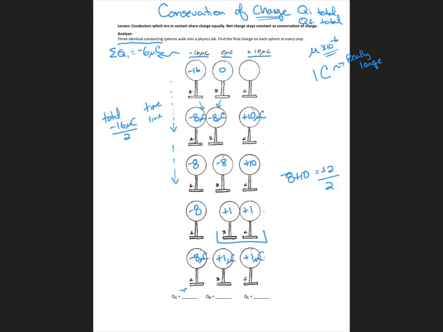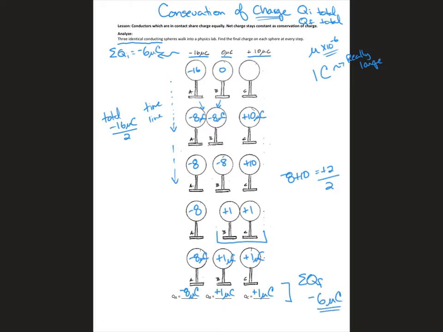So we have a final of negative 8, a final of plus 1, a final of plus 1. And if someone said, what's the total Q of all three? Negative 8 plus 1 plus 1 brings us back to the same total charge that we started with.